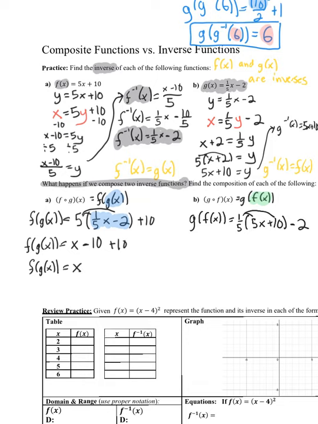So I get 1/5 times 5, that's 1x. 1/5 times 10 is 2. Oh, and I just do want to highlight this in green just to show you this is where the input came from. All right, but I got x plus 2 minus 2. And that gives me a final result, g of f of x equals x. All right.